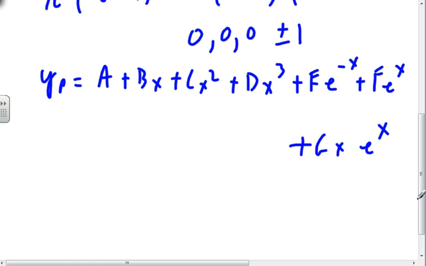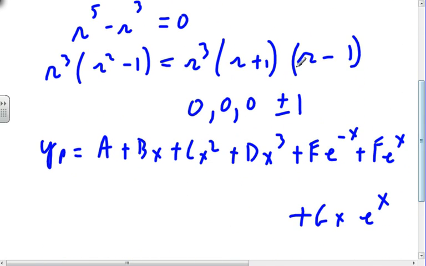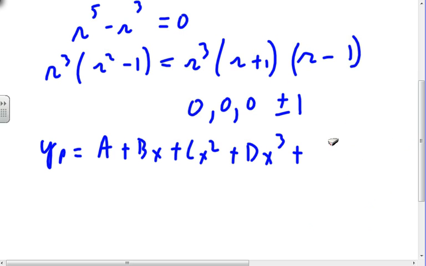And it doesn't have the e to the minus x over here, so I don't need an e to the minus x. So I can get rid of that guy. So I can write it all in one line: A, B, C, D, E to the x, f x e to the x. All right. Very good.